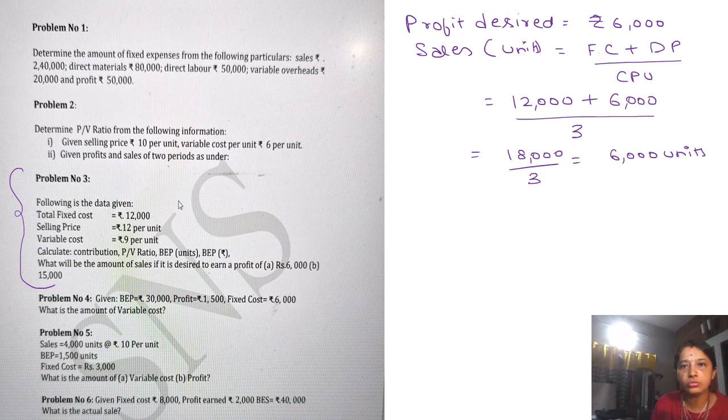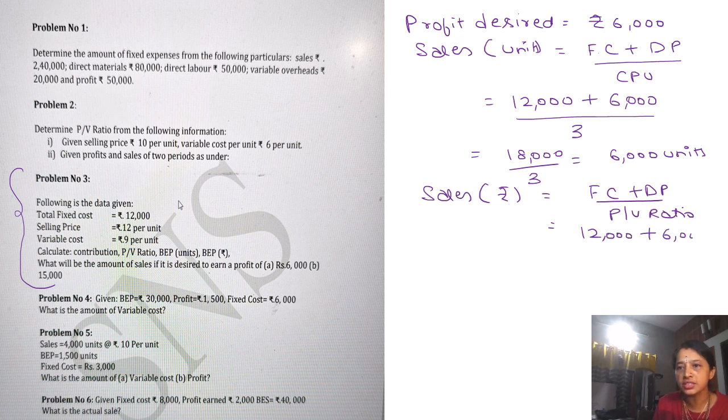Now you can also do this in rupees. Before verification, let me do sales in rupees. What is the formula? Fixed cost plus desired profit divided by PV ratio. How much is your fixed cost? 12,000. How much is your desired profit? 6,000.